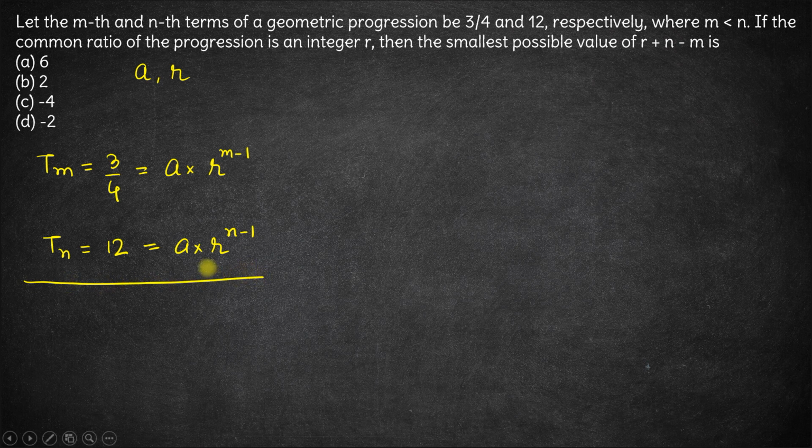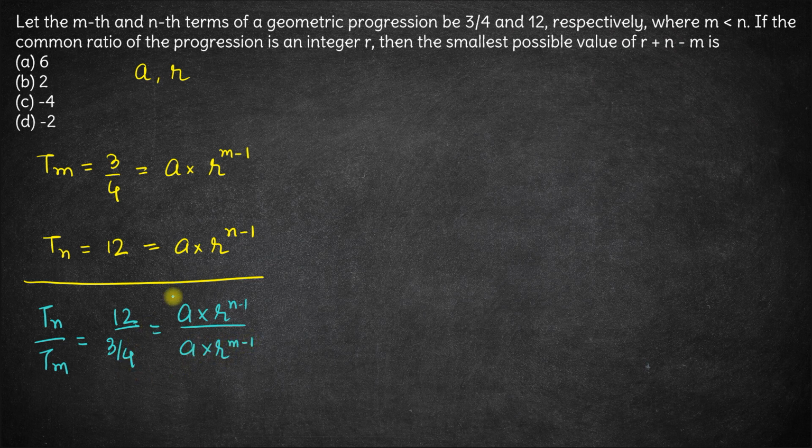Fine. Now since nth term is greater than mth term, n is greater than m, right? So let's take the ratio of Tn upon Tm. So this is 12 upon 3 by 4, which effectively is a into r to the power n minus 1 upon a into r to the power m minus 1.